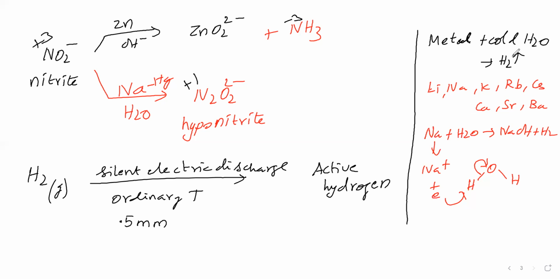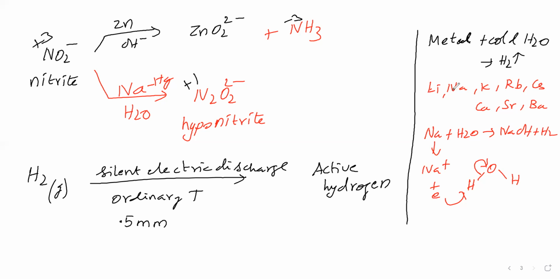How to store alkali metals? Alkali metals are stored in kerosene. Sodium, potassium, rubidium, cesium are always placed in kerosene only, because they should not be exposed to atmospheric air. If exposed, they immediately go for chemical reaction. Because alkali metals are highly reactive, we have to store them in kerosene.